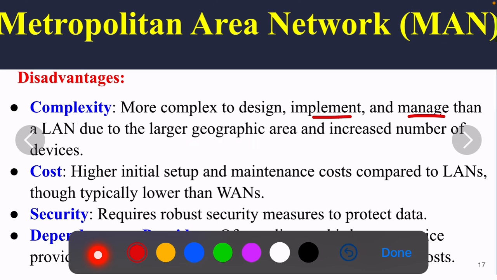Then next is cost. Higher initial setup and maintenance cost compared to LANs, though typically lower than the WANs. So the initial setup cost will be higher as compared to LAN. Then next is security.